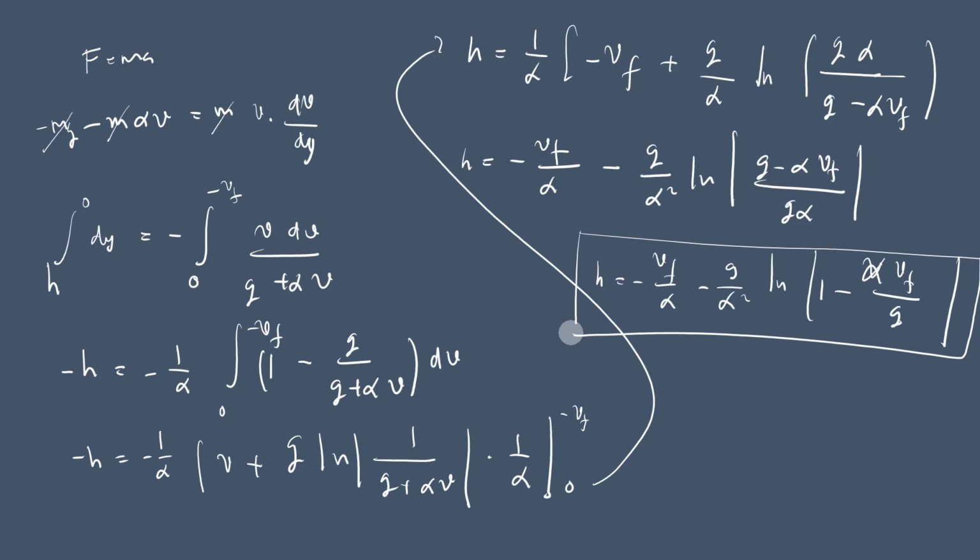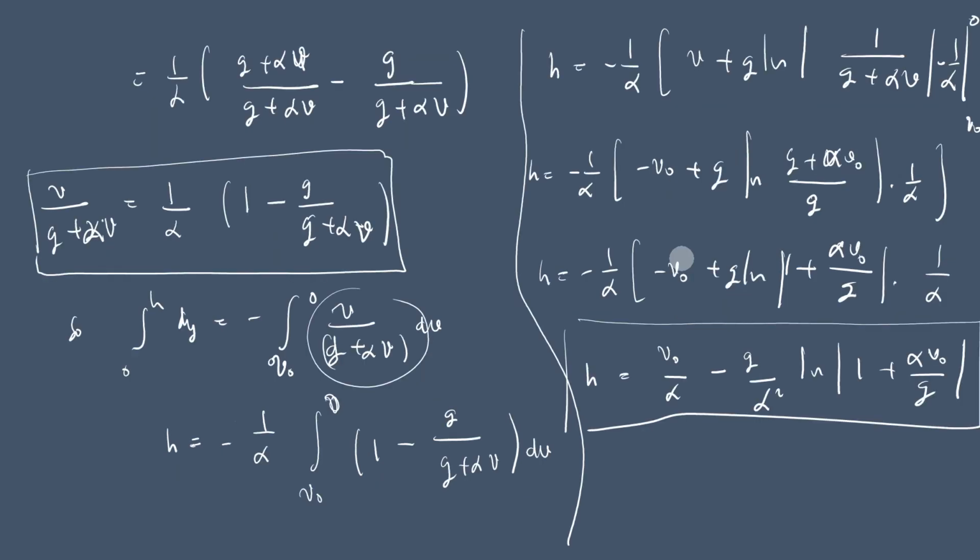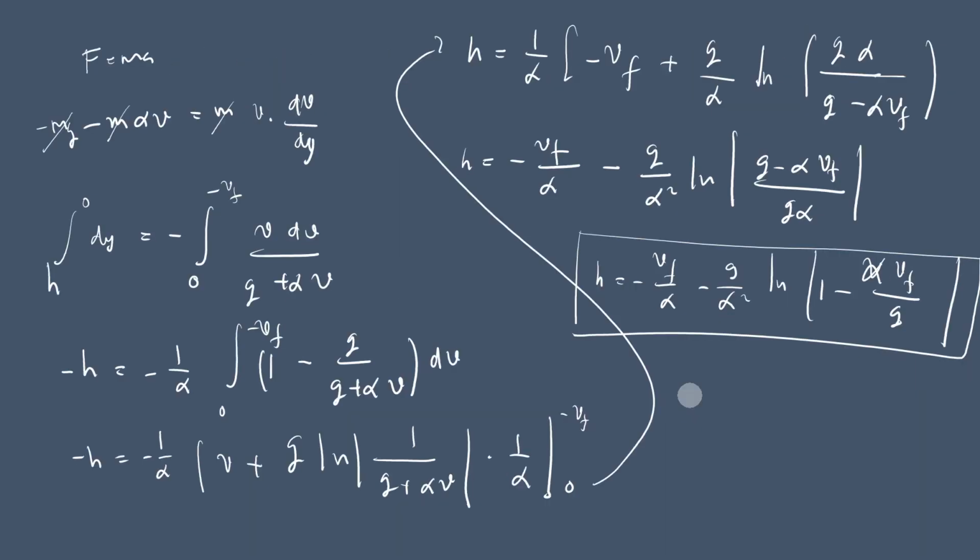Equating the expressions for h, the first term and the second term, gives an implicit equation for vf in terms of vo.